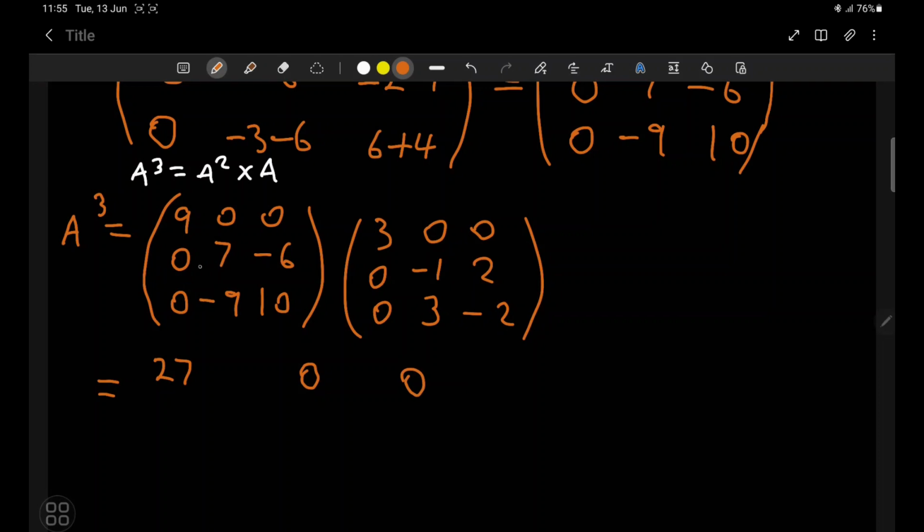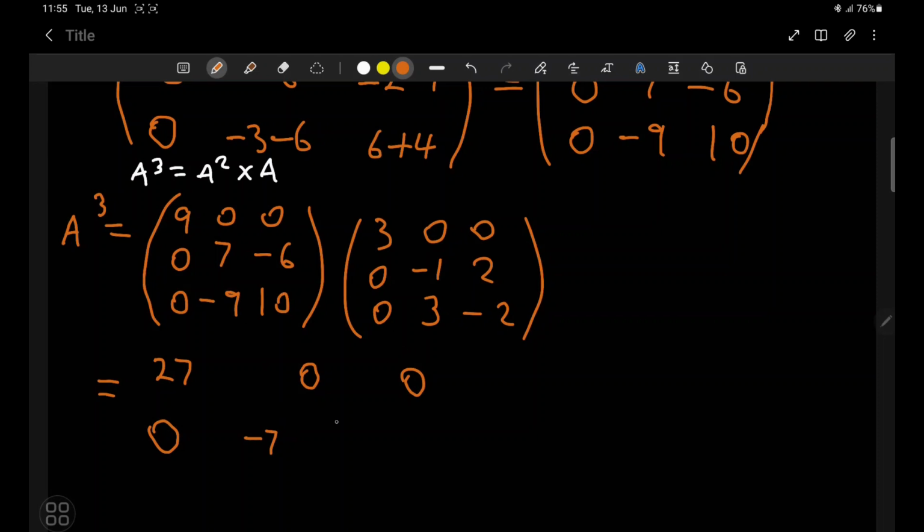Then we go to this row with all the columns. So 0 by 3 is 0. 7 by 0, negative 6 by 0, so this is all 0. Then again this row with the next column. So we have 0 by 0, 7 by negative 1, we have negative 7.